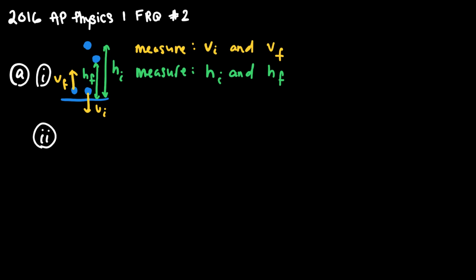For the first experiment, where I just want to measure the initial and final speeds of the ball, what equipment would I need? Well, one great tool that we have is a photogate. A photogate could allow us to really easily measure the speed of the ball right before and after it collides with the floor. We just need one photogate.